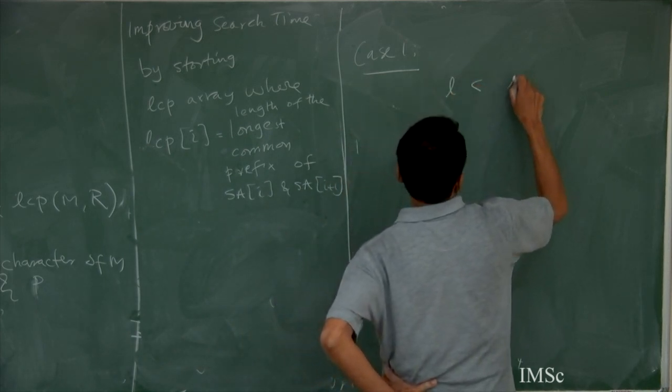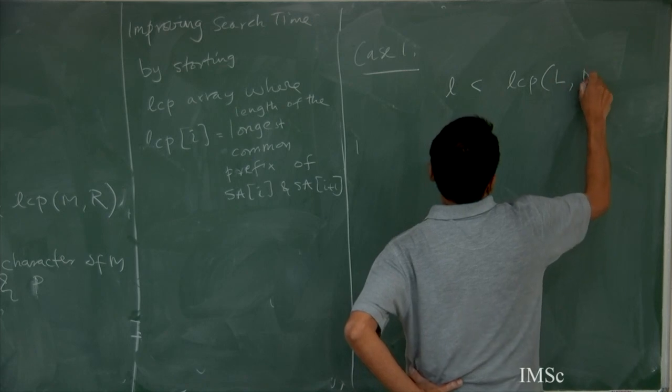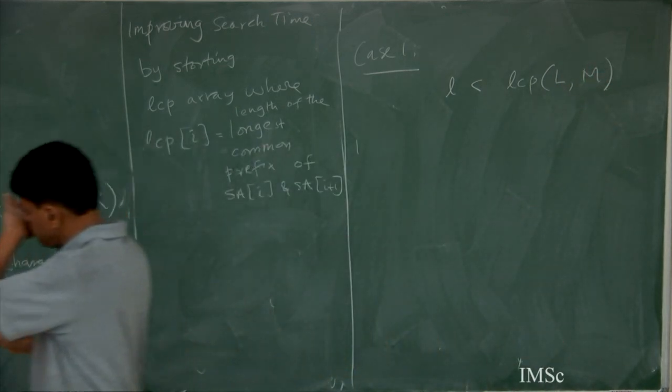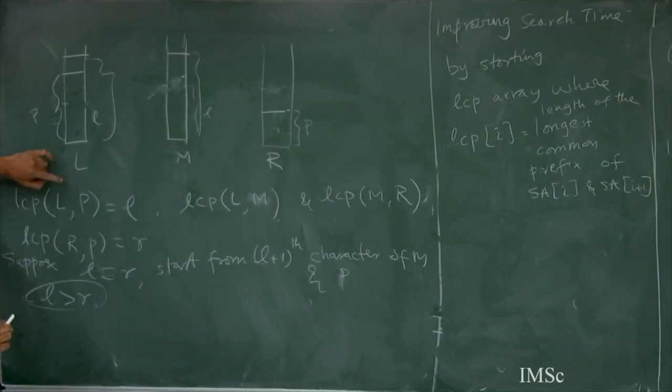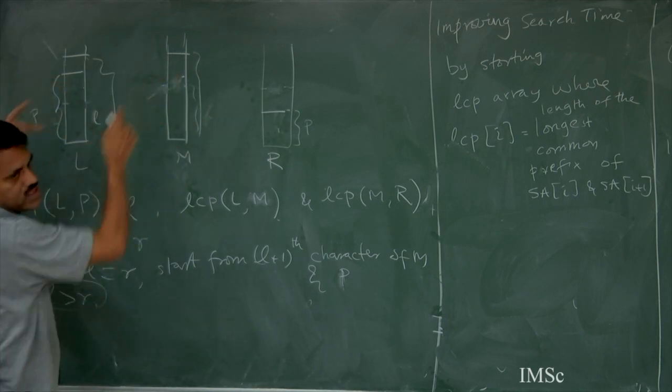L is strictly less than the longest common prefix of L and M. Okay, so what does that mean? So, this pattern and this pattern, suppose I know that they match up to this point, right. These two, they match up to this point, suppose I have pre-computed and knew it, but my pattern matches with this only up to this point. So, this L is strictly less than whatever these two guys match.